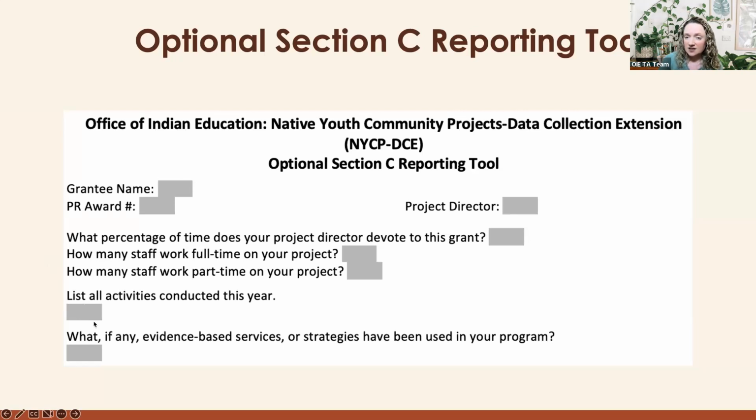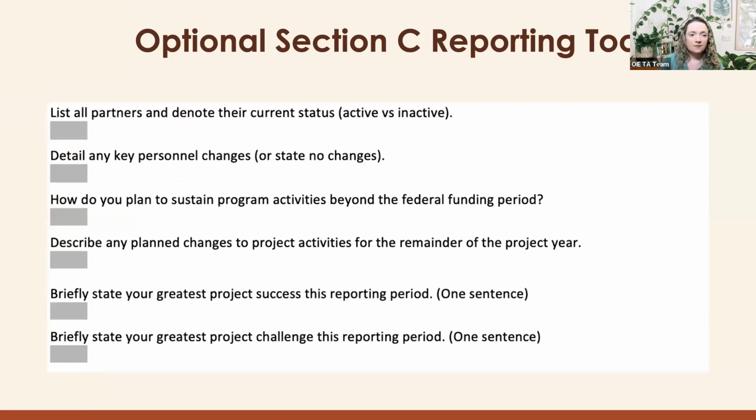List the key activities that you conducted this year. If you are using any evidence-based strategies or services, maybe in the evaluation of your data or your reporting, pop that in there. Then list your partners and their current status, whether they're active or inactive.